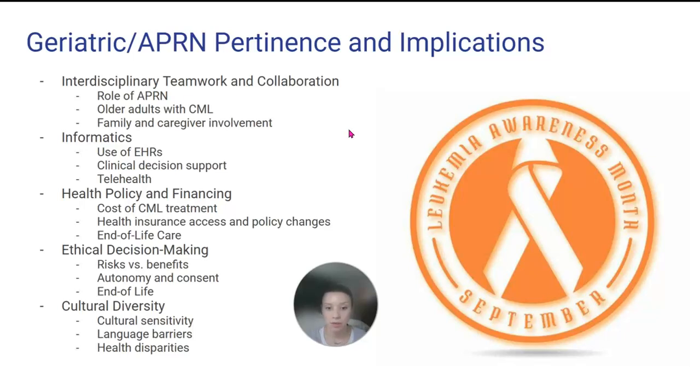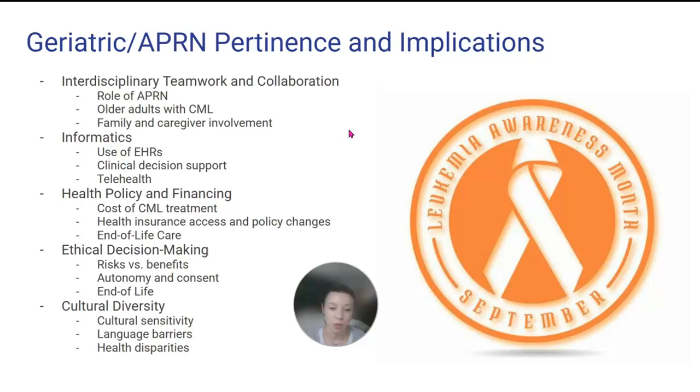Ethical decision making: in our older patient with several comorbidities, is it more appropriate for us to pursue treatment, or can we look at more palliative care? Depending on what their whole clinical picture is looking like. Also, end of life, do they value quantity over quality? What is it that they're looking for in our older geriatric population?